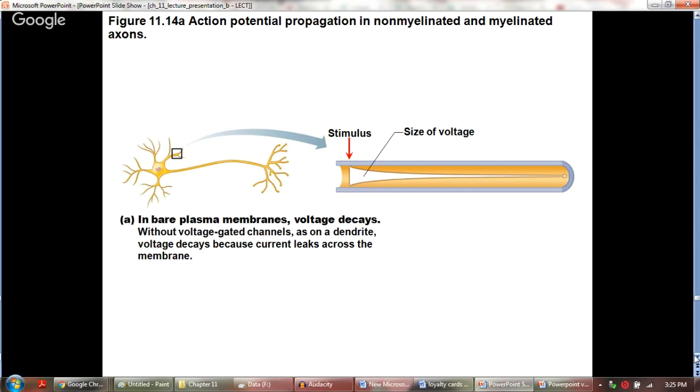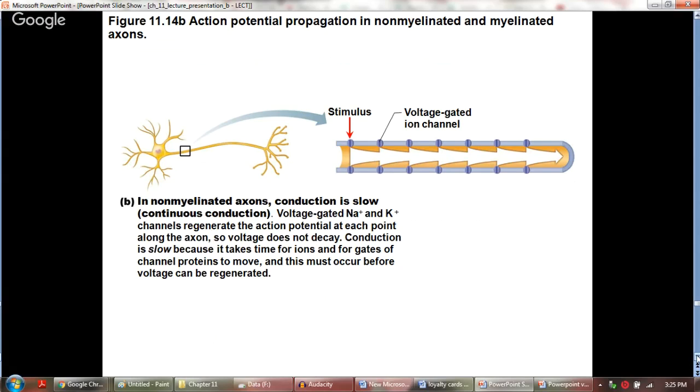So here it shows the action potential propagation in non-myelinated and myelinated axons. Here you see the stimulus and the size of the voltage. In non-myelinated axons the conduction is slow, and voltage-gated sodium channels regenerate the action potential at each point along the axon, so voltage does not decay with time and conduction is slow in this case.